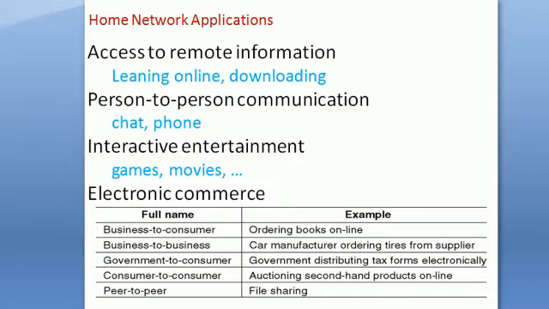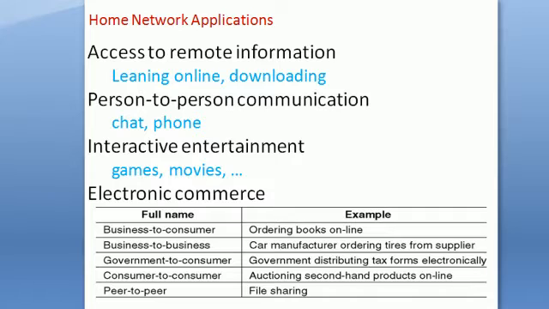Third, interactive entertainment like games or movies. Actually, we have multi-person real-time simulation games like flight simulators. If games are played with goggles and three-dimensional real-time photographic images and moving images, we have a kind of worldwide shared virtual reality. Lastly, electronic commerce.